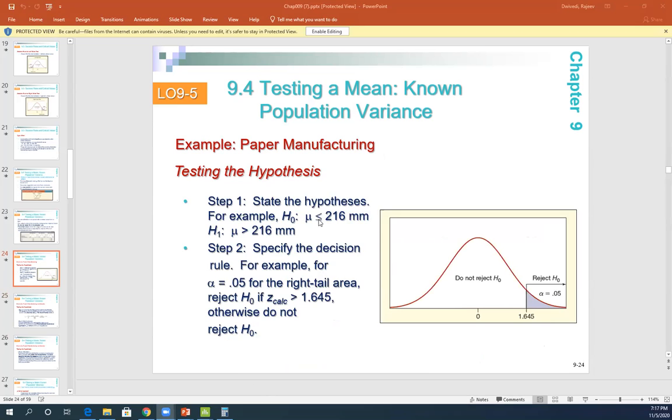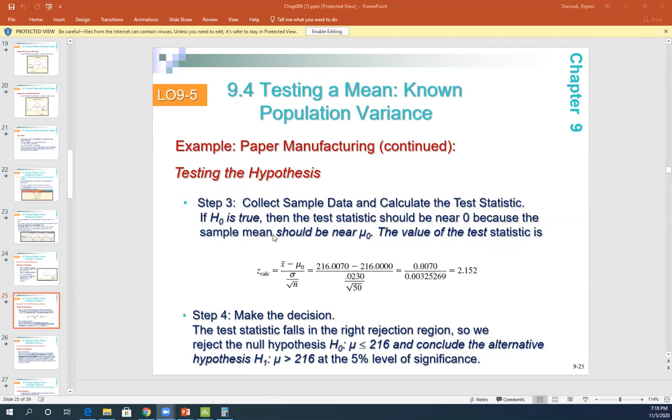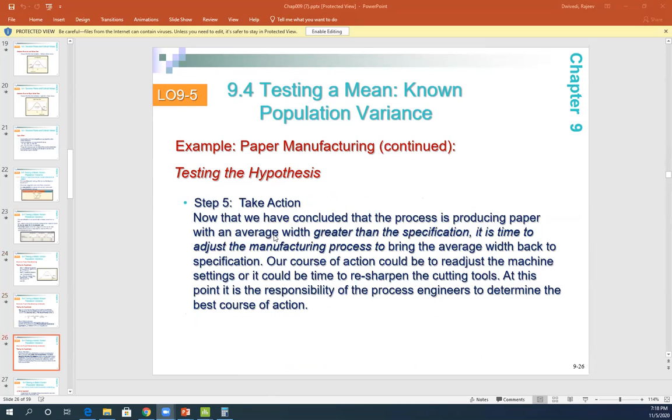So null hypothesis is less than or equal to 216. Alternative is more than 216. And take the action. They have to take the action based on the decision.